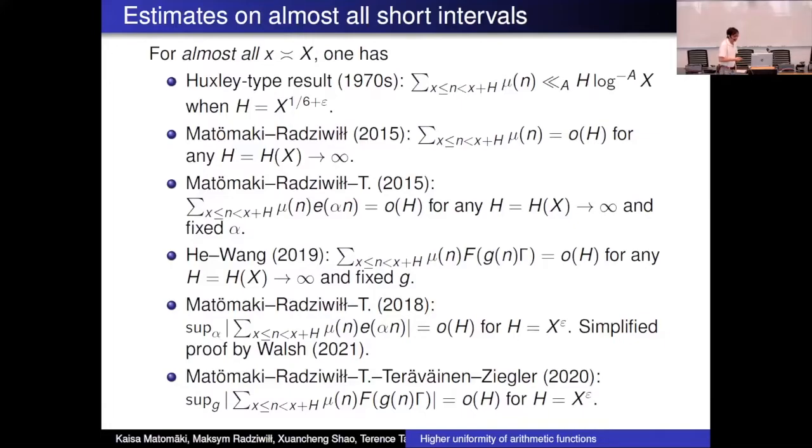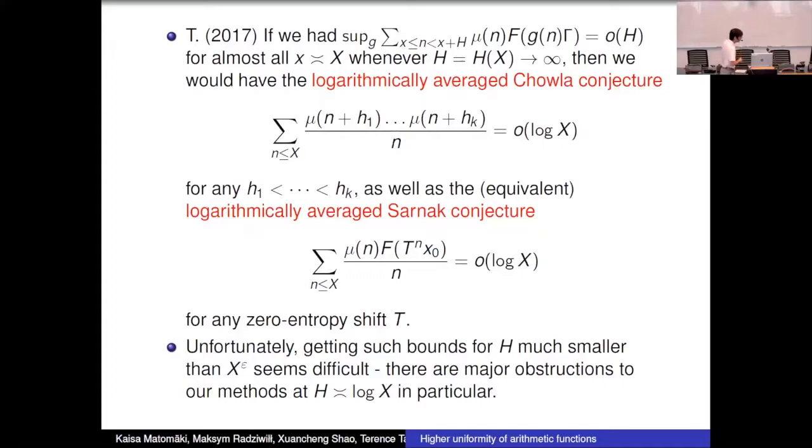One reason we care about these types of bounds is that if we could get rid of this x to the epsilon, there's an observation I made a few years ago that if you could get this almost all type result, not just for h of size x to the epsilon, but for any h that goes to infinity, like log x and so forth, so if you could get a Matomäki-Radziwiłł type result with this twist uniformly over all polynomials, then you get a bunch of useful consequences.